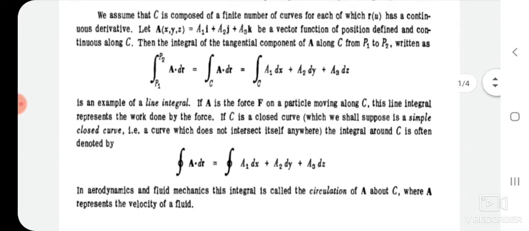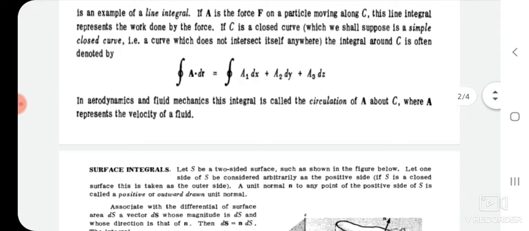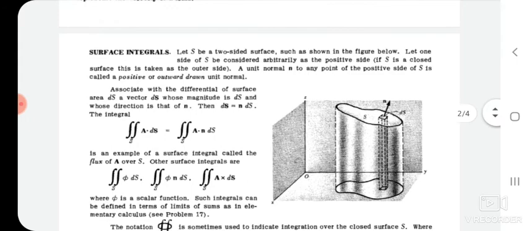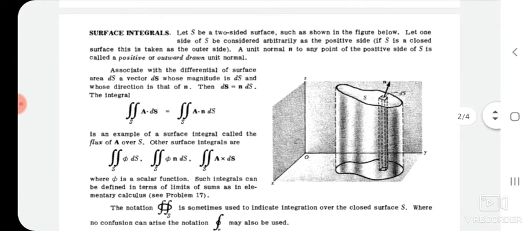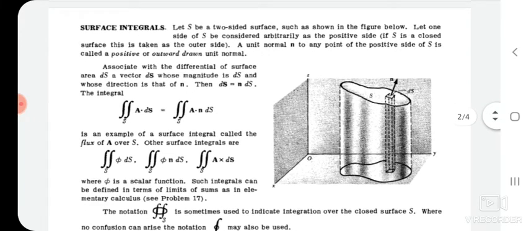Okay. Now the next term is surface integral. Let S be a two-sided surface such as shown in this figure.